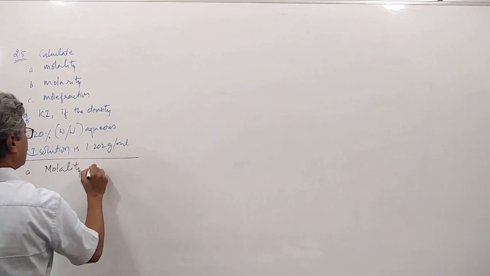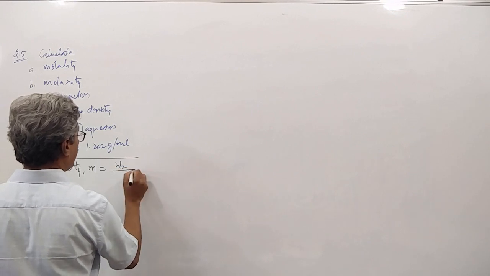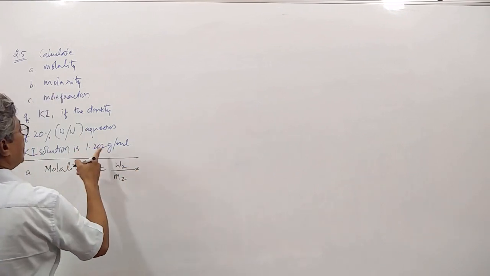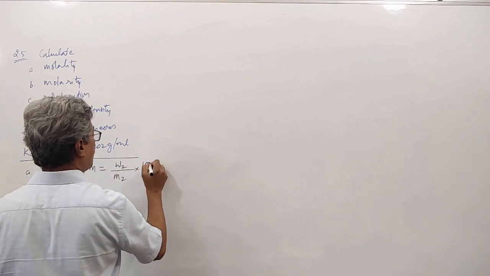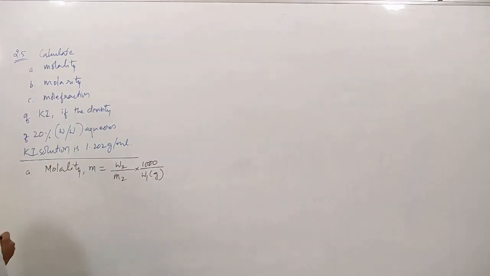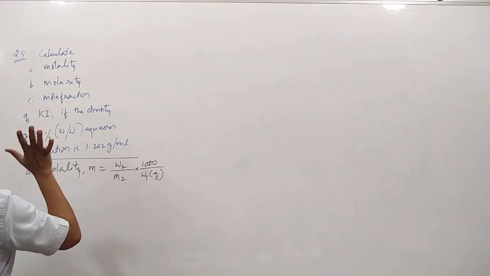Okay. Molality m is equal to weight of the solute divided by molecular weight of the solute, into, see here, it is in gram, that means 1000 divided by weight of solvent in gram. Now check what is given. 20% mass by mass aqueous solution is given.